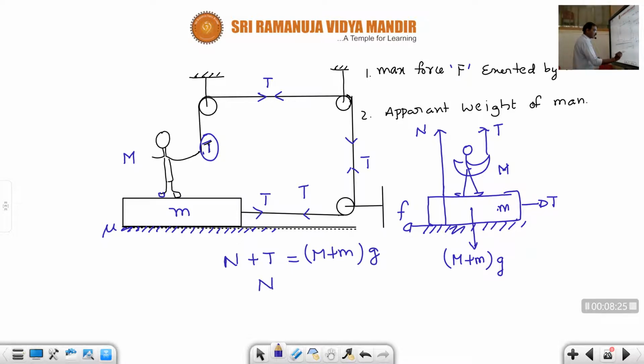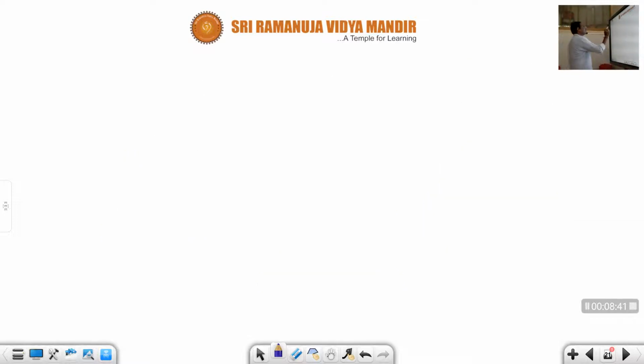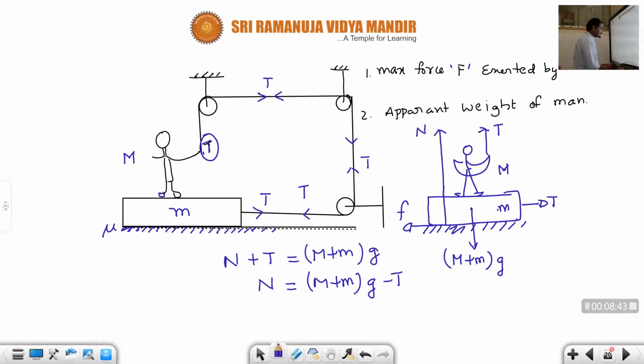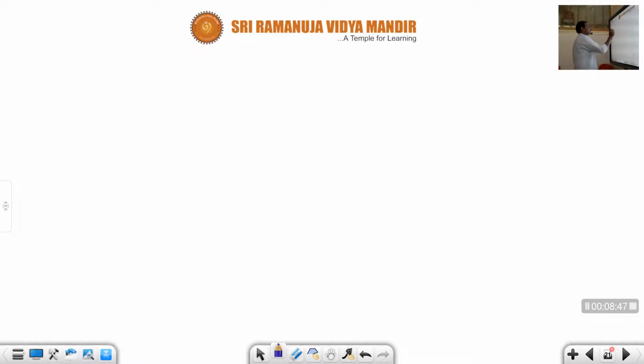Therefore, the normal reaction N is equal to capital M plus small m into g minus T. Now the frictional force F is equal to mu into the normal reaction N.